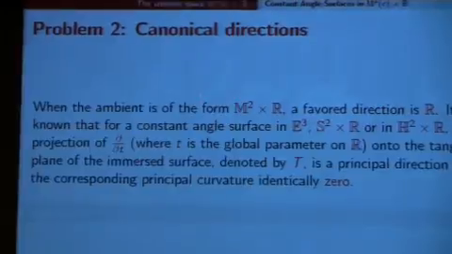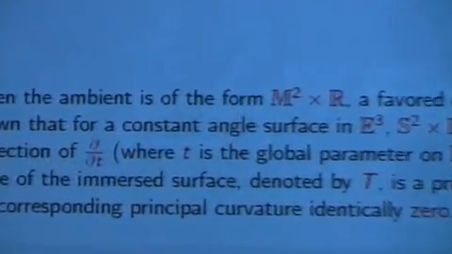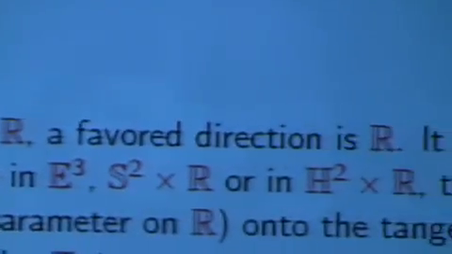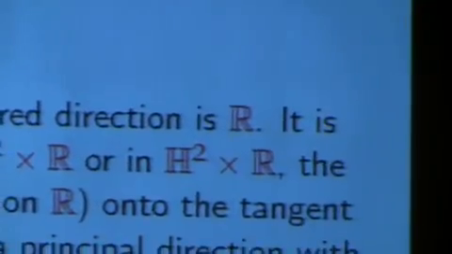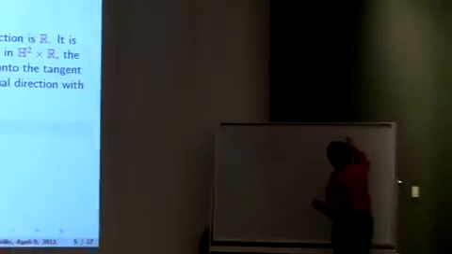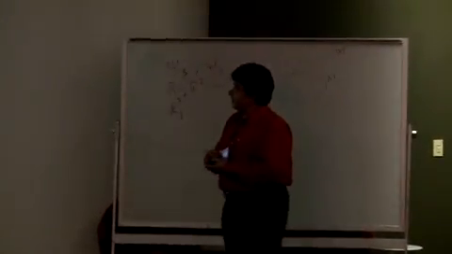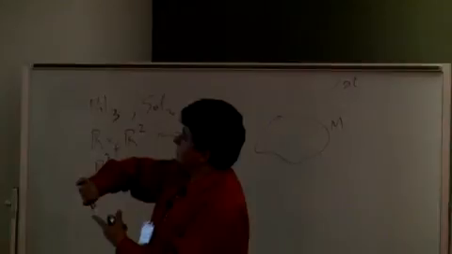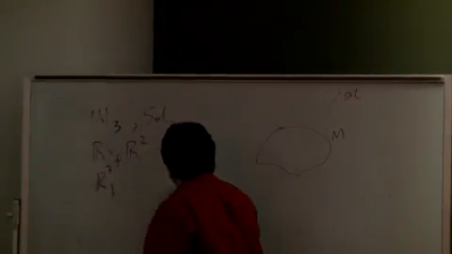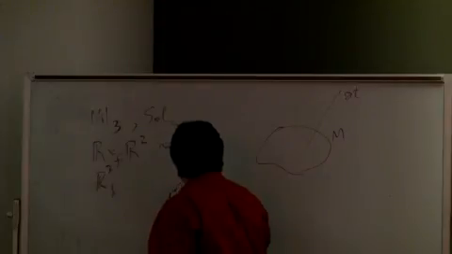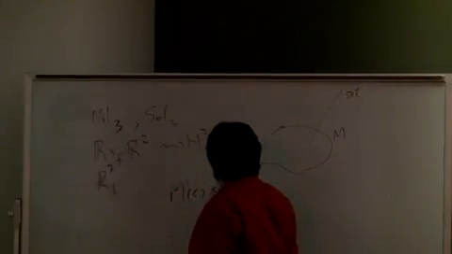And main property of these constant angle surfaces is the following. So if this is the surface M, and if this is dt direction, so by the way, the angle is measured between the normal and this special direction, the second factor of this product.